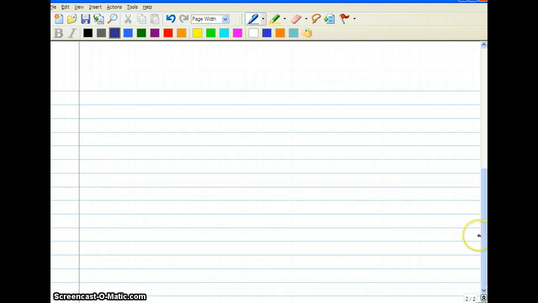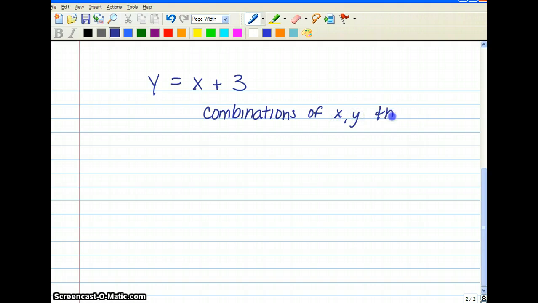Alright, so moving on, what happens if I say y is equal to x plus 3? So now instead of putting a 5 over there, I'm going to say y. So at this point, we don't really know what y will be. It'll depend on what x is. So our solutions now are combinations of x and y that work.